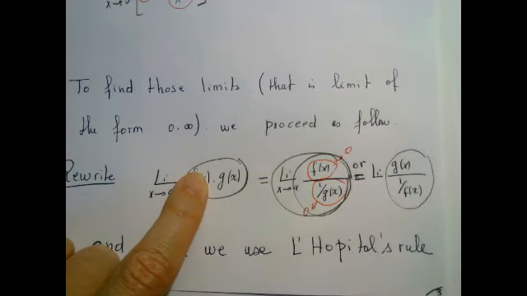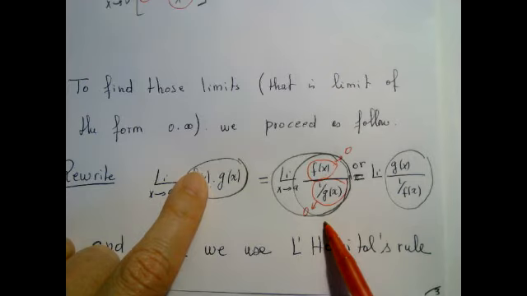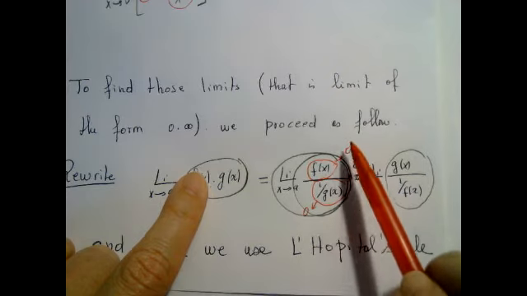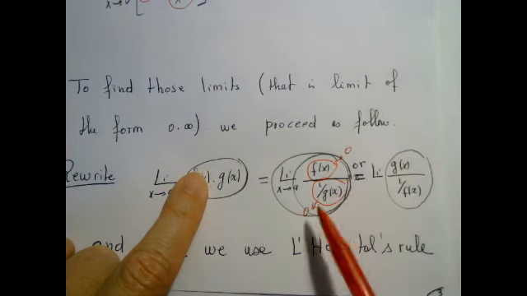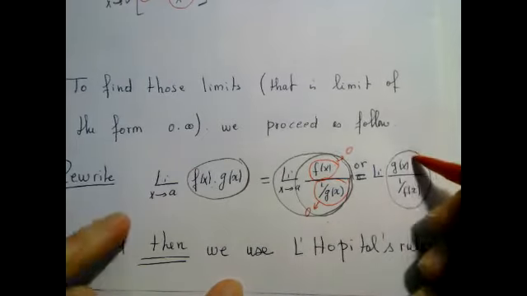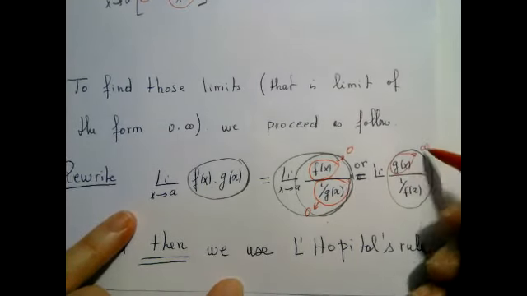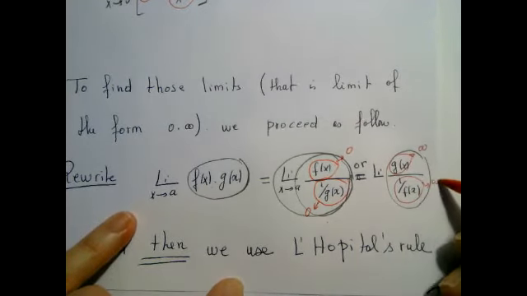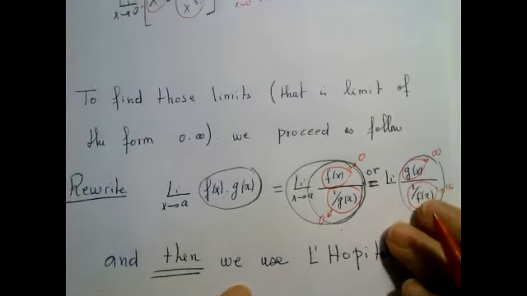Are you with me? So by rewriting this way, what scenario am I going to end up with? I'm going to end up with the scenario 0 over 0, which will allow me to use L'Hopital's rule. And if I rewrite it the other way, I will end up with infinity over infinity, which will also allow me to use L'Hopital's rule.